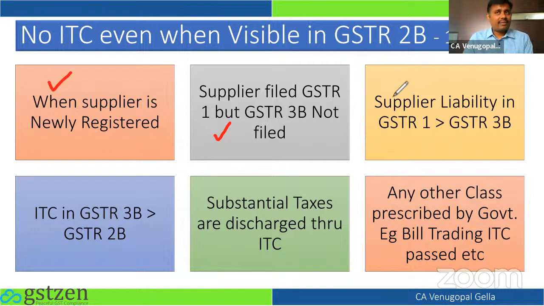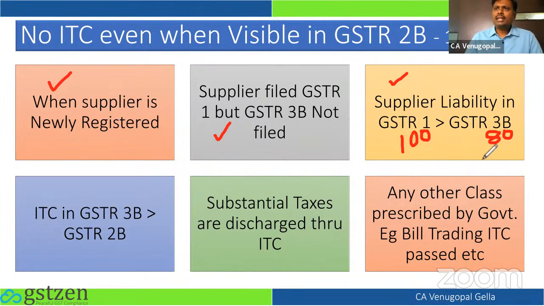He has filed R1, but let's say in R1 he has shown a liability of 100 rupees, while in GSTR 3B he is only showing a liability of 80 rupees. In such a scenario, where someone is showing a lower liability in 3B, even then the government is intending to put a restriction.